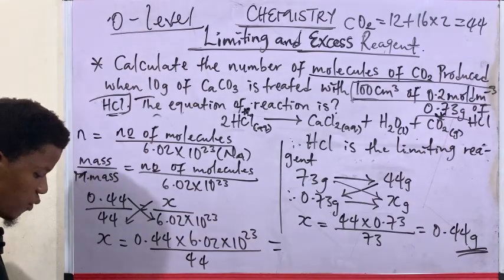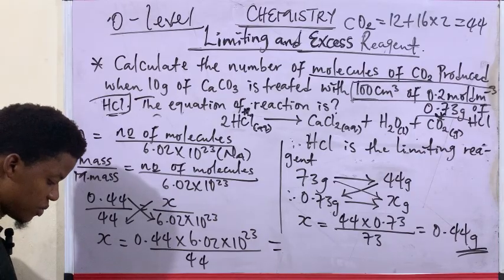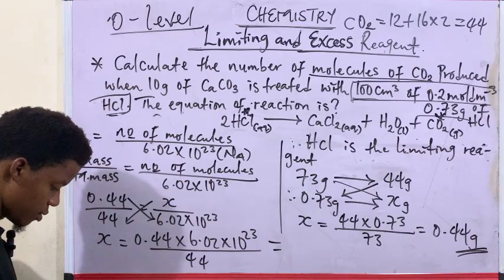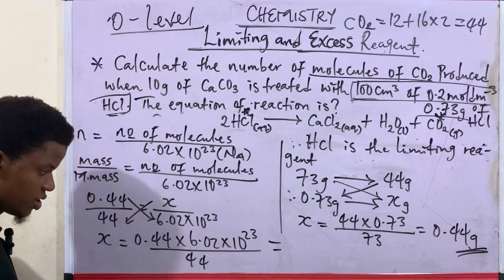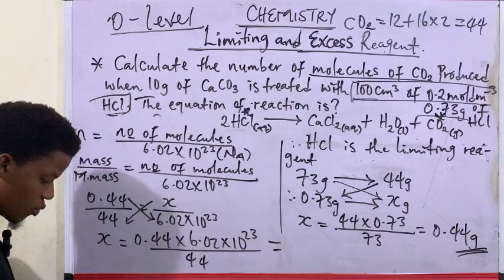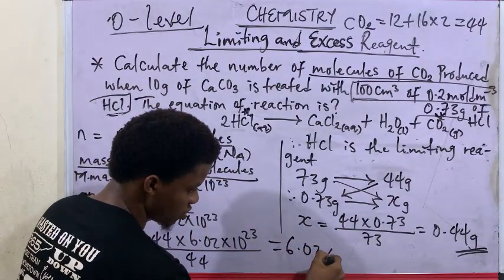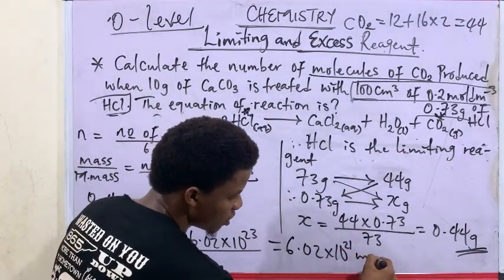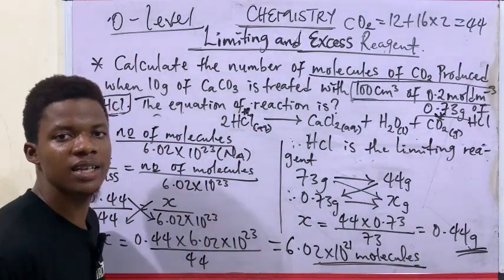So 0.44 times 6.02 times 10 raised to the power of 23 gives us this, then divide by 44. So our final answer is 6.02 times 10 raised to the power of 21 molecules. So this is our final answer to this question.